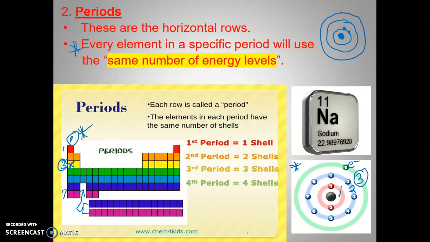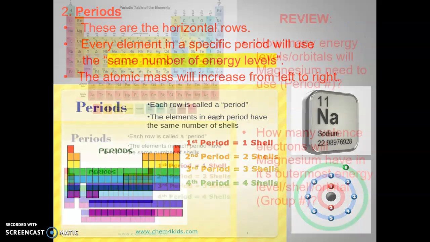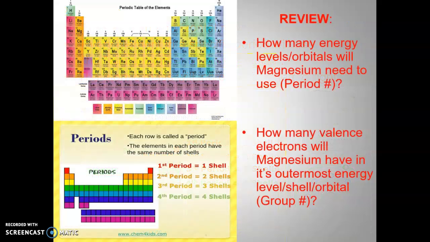So that's what that information is telling you. One last thing about periods is as you move from left to right, the overall mass number will increase as well. So the size and, in theory, weight of the element slash atom will increase as you move from left to right. So let's finish this out for review.